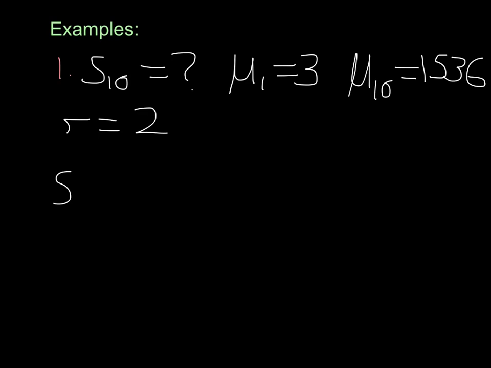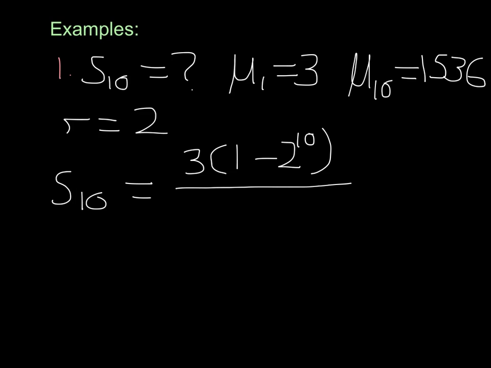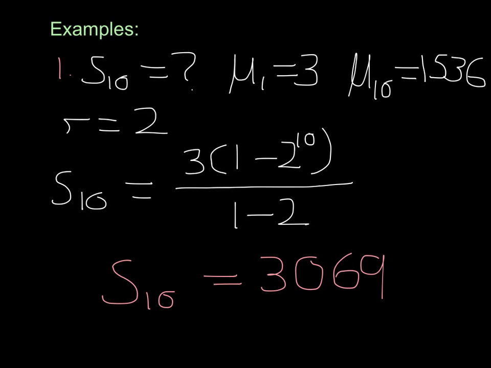So we will just arrange the formula: S10 equals 3 times 1 minus 2 to the power of 10 divided by 1 minus 2. If we input this in the calculator, it gives us that S10 equals 3069. And that's all, very easy to use.